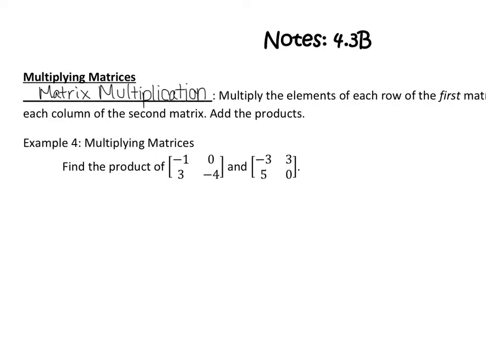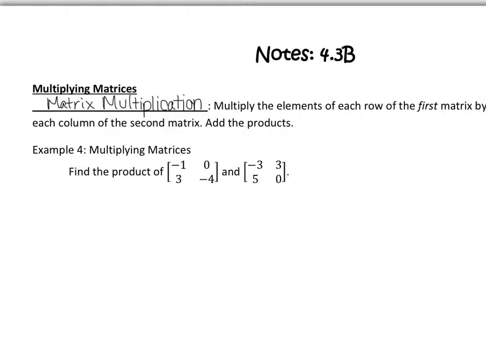In matrix multiplication, we multiply the elements of each row of the first matrix by each column of the second. Since we have to be particular about what we take from the first and what we take from the second, it is extremely important to know that order matters.